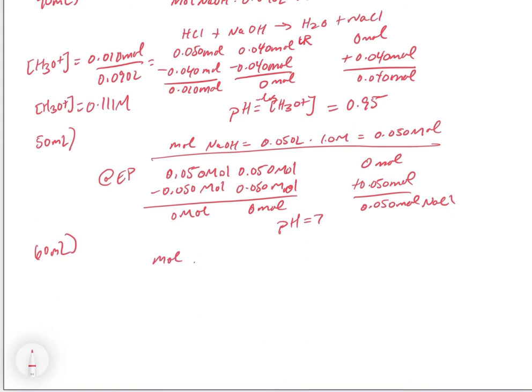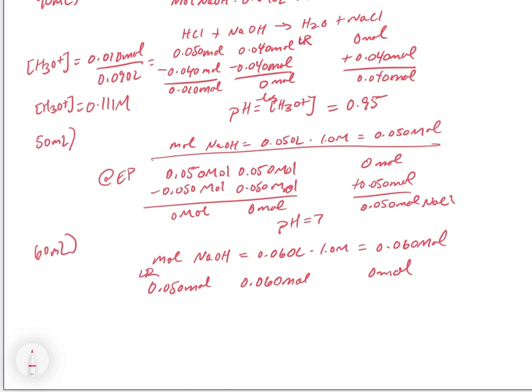So now let's look at the final case where we've added 60 mils. So in this case, I have 0.060 liters times 1.0 molar is equal to 0.060 moles. And so if I set up my stoichiometry table, it's going to turn out that my limiting reagent in this case is going to be the acid.